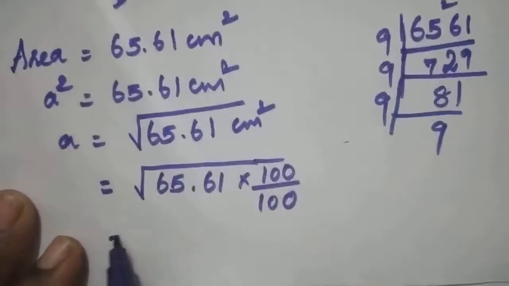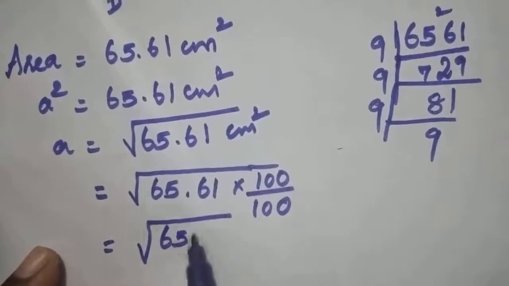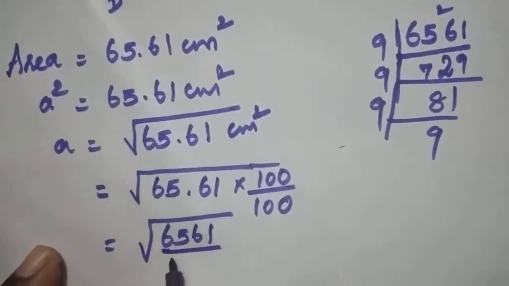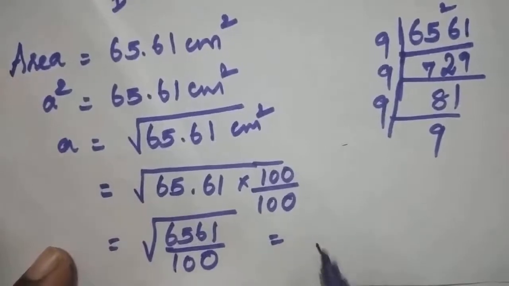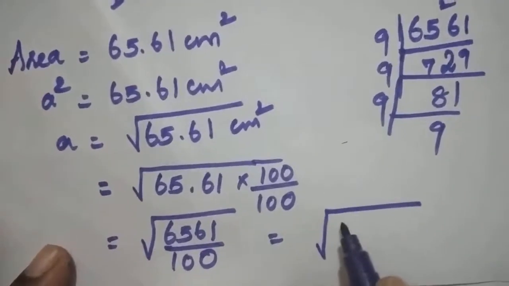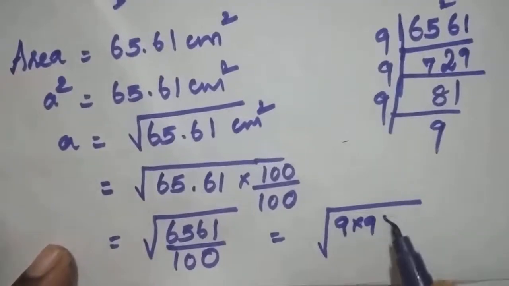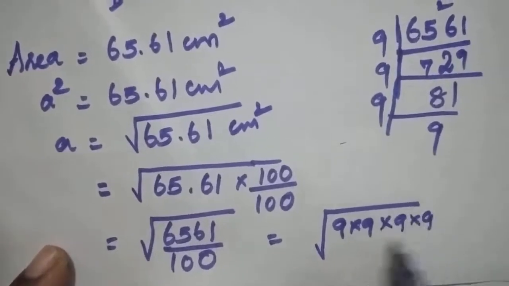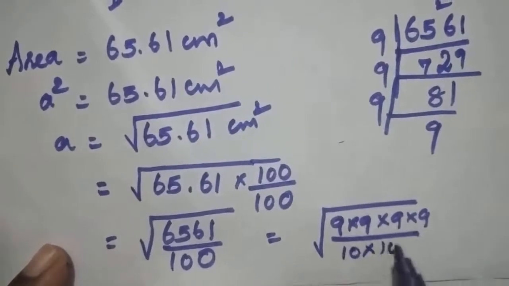So we will get the numerator as 6561 divided by 100, which is equal to 9 times 9 times 9 times 9 divided by 10 into 10.